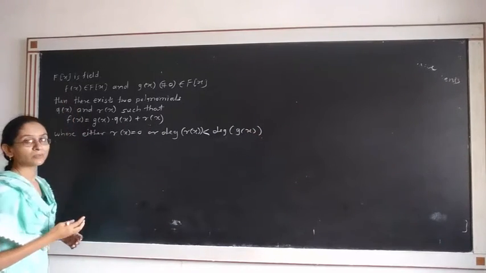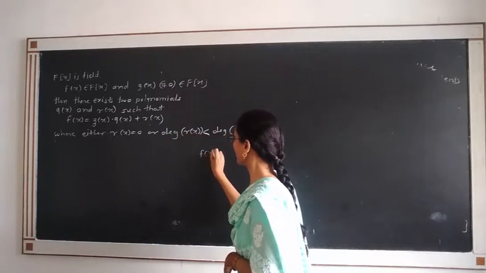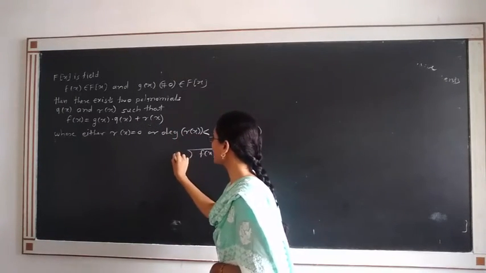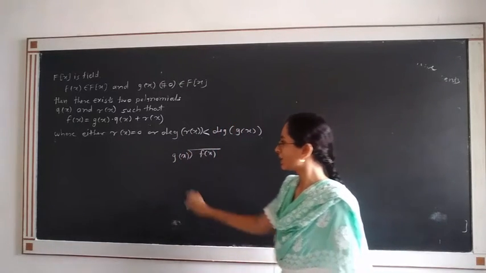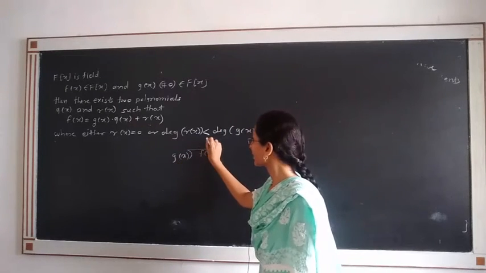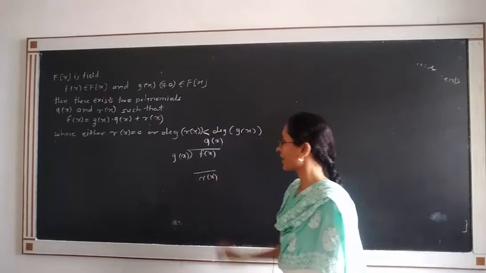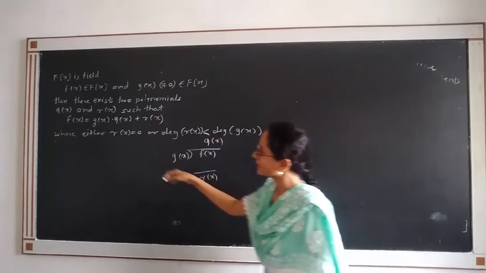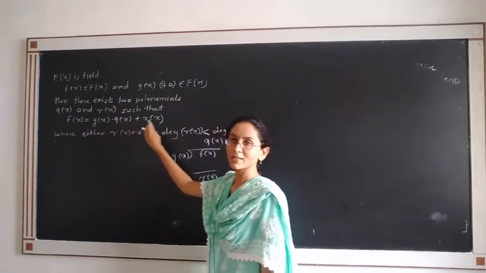If you divide the polynomial f(x) by a non-zero polynomial, remember that the divisor should not be equal to 0, by g(x), suppose the quotient is q(x) and the remainder is r(x), then we write this in the division algorithm: f(x) = g(x) q(x) + r(x).